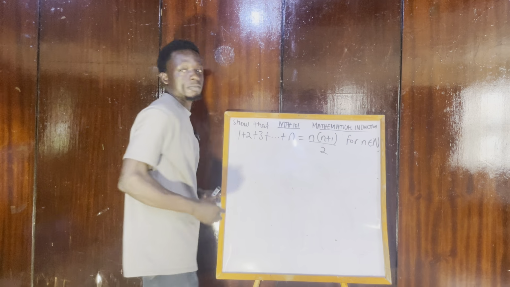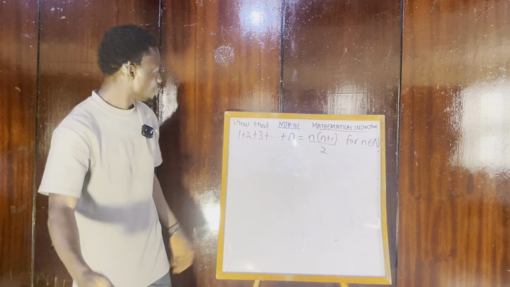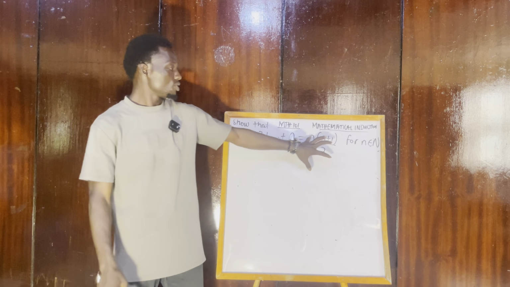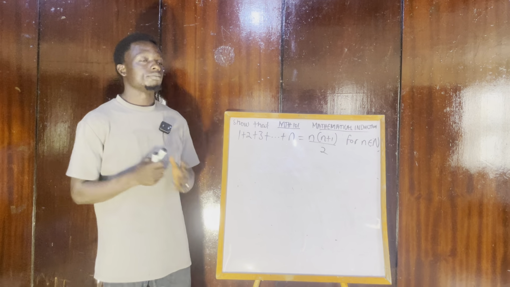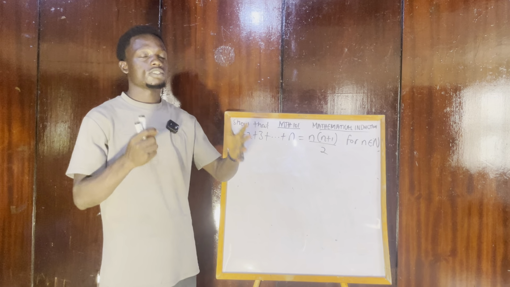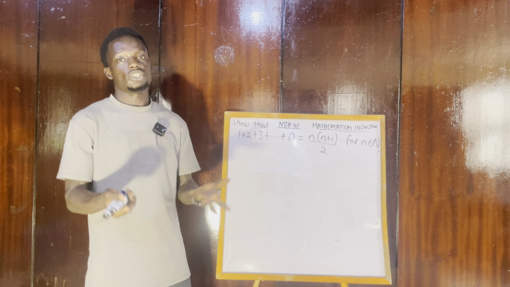That is, n is an element of the natural numbers. So we have to show that 1 plus 2 plus 3 plus dot dot dot till n equals this expression. Now, we have three steps we do. The base case, whereby we let n equal 1. We have the induction hypothesis, and we have the induction step.